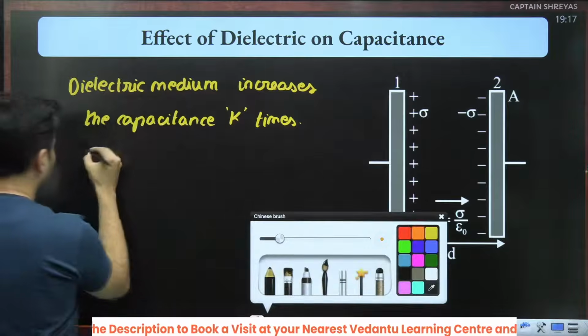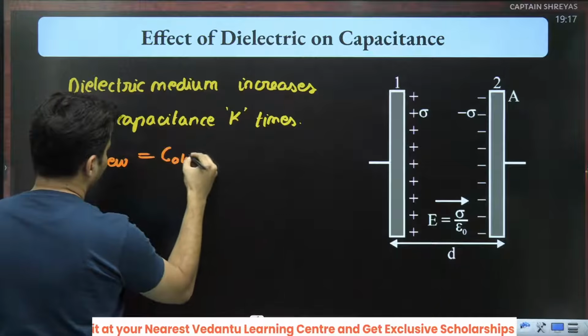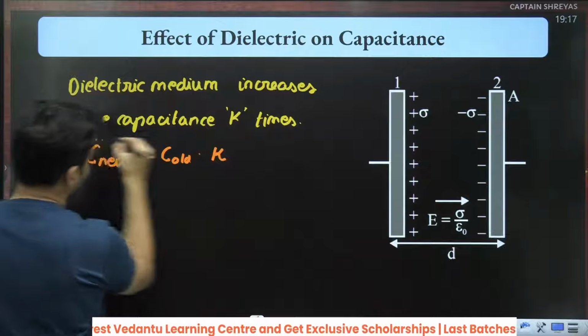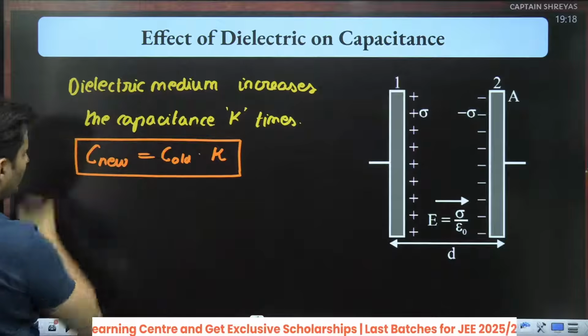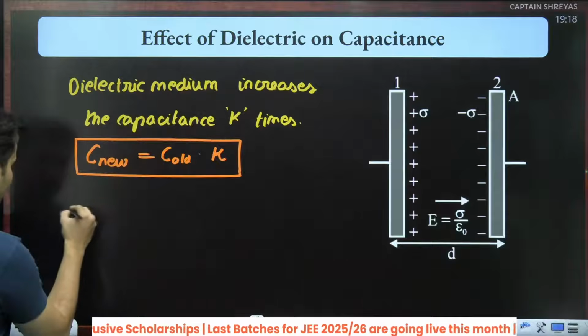So if the new capacitance is C new, it will be C old multiplied by K. That's all it does. So all our existing formulas will look something like this.